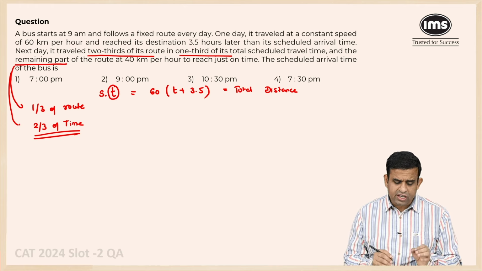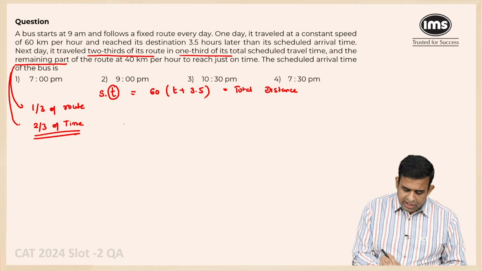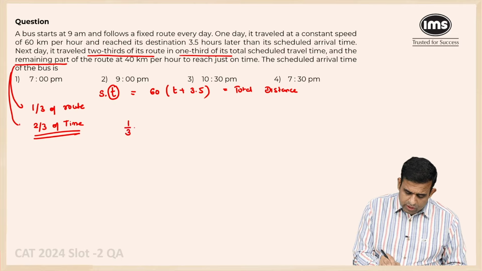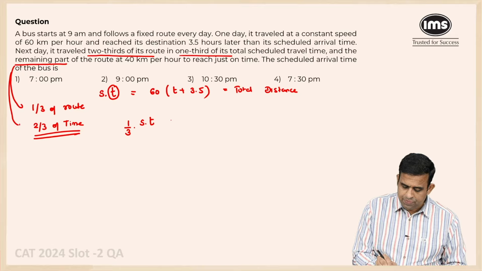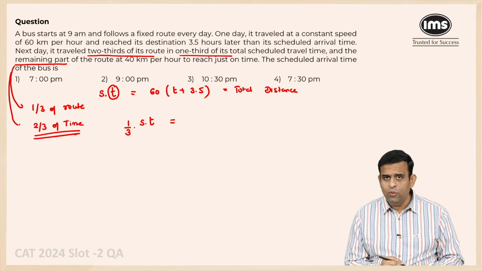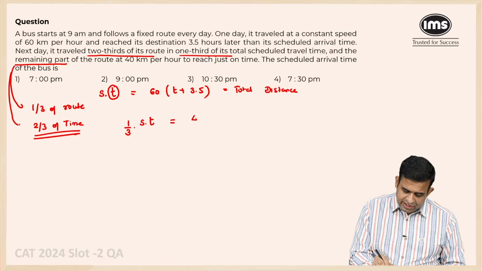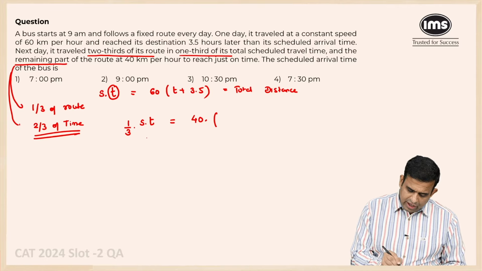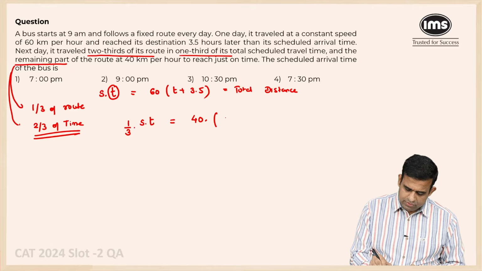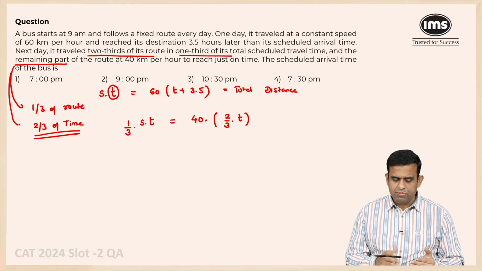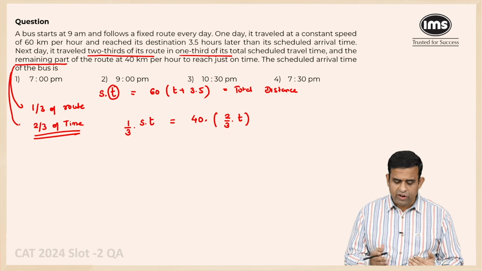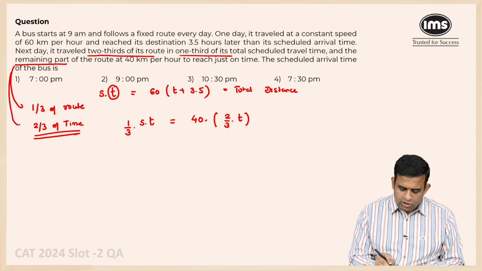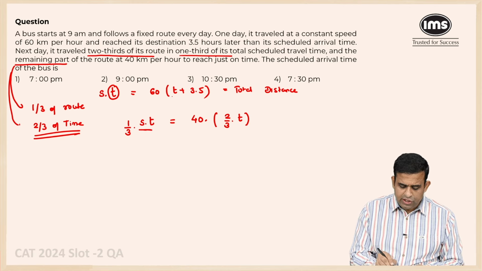So 1/3 of the route would be equal to 1/3 of s into t, and the same thing should be equal to the speed of 40, and the time taken was 2/3 of the time. So from this part, we can find out the value of s as well. So I can replace the term s into t as this also.